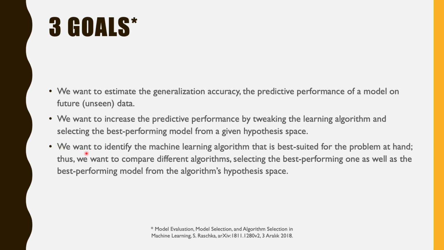And we want to identify the machine learning algorithm that is best suited for the problem at hand, or statistical learning algorithm. Thus we want to compare different algorithms, selecting the best performing one as well as the best performing model from the algorithm's hypothesis space. Okay.